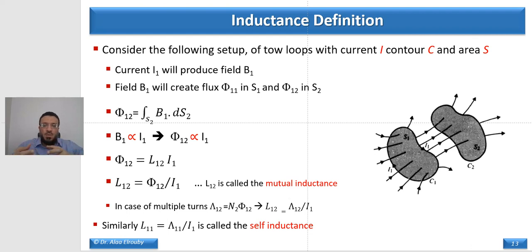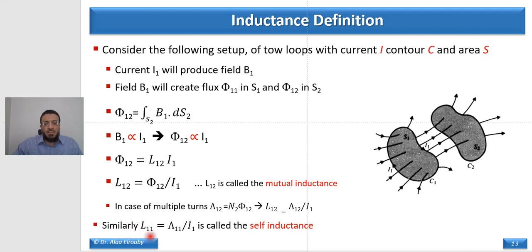So the flux will go into circuit number 2 a number of times equal to the number of turns in this circuit. So when we have multiple turns in loop number 2, the linkage will be multiplied by that number of turns.